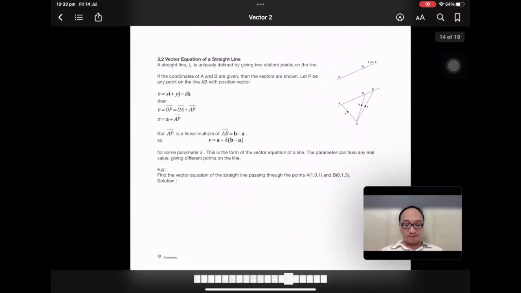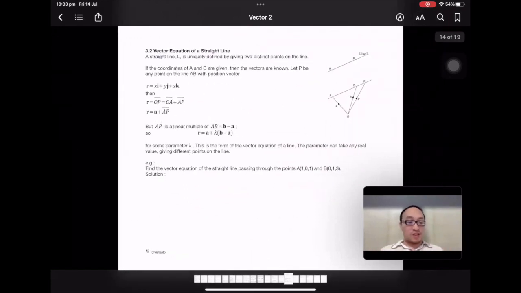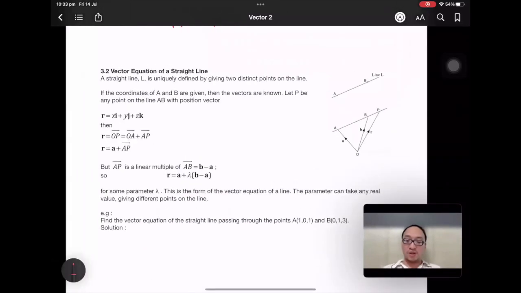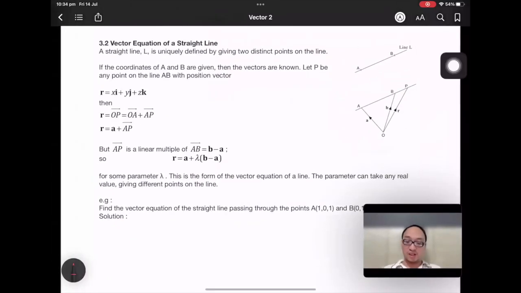Now, vector equation of a straight line. If we have a straight line, we know that the equation of the straight line is y equals mx plus c. M is the gradient.